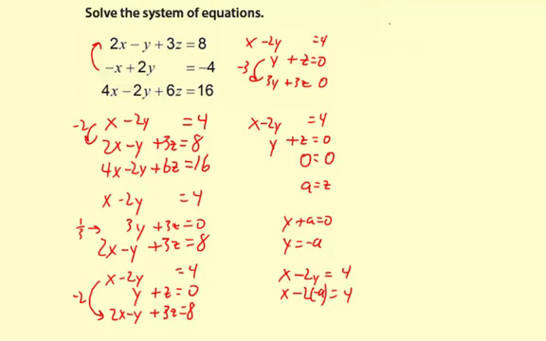Simplify and continue by going up top here. x plus 2a equals 4. So x equals 4 minus 2a. All right, so now we have all the variables in terms of a, and here's how you write it. You could write 4 minus 2a, comma, and then y was negative a, and then z is just a. You can write it just like that.